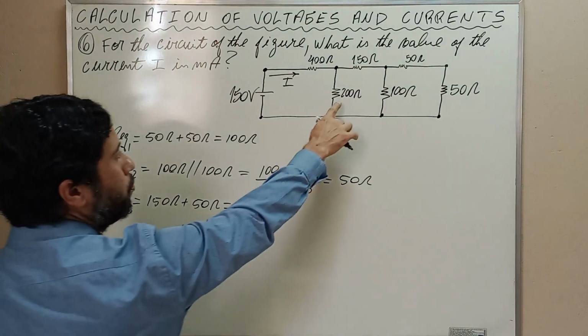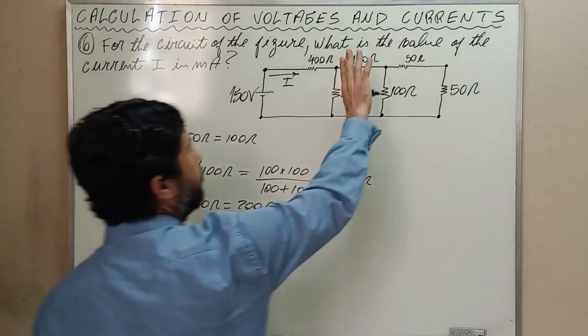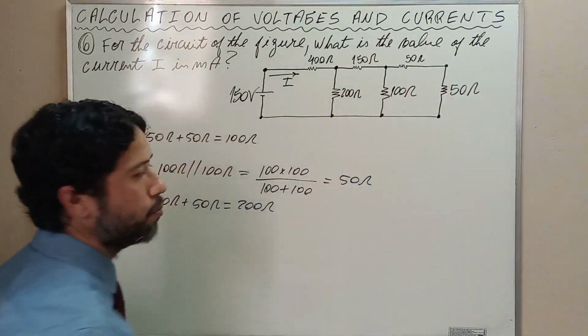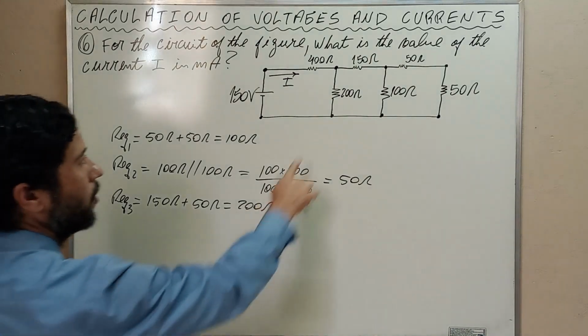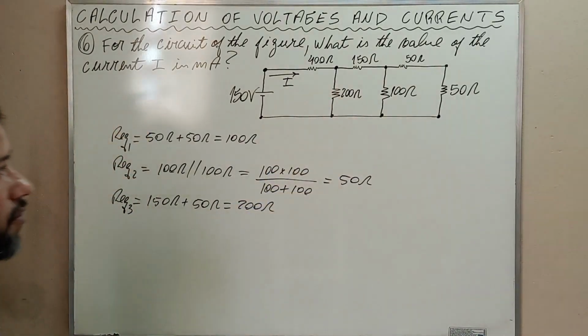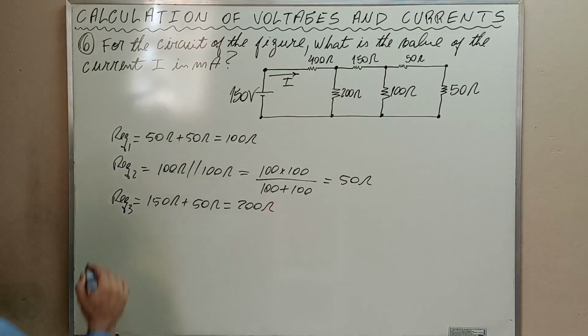This appears in parallel with this. They will be in parallel because this replaces all this and appears in parallel with this. And as we did here, we are going to compute the parallel combination between these resistances using this rule of thumb here.